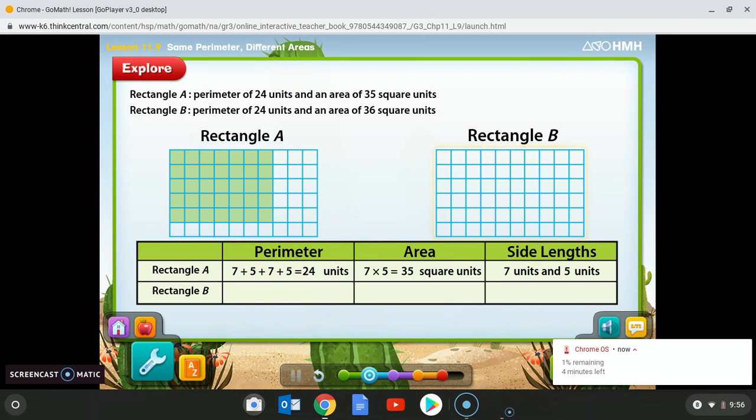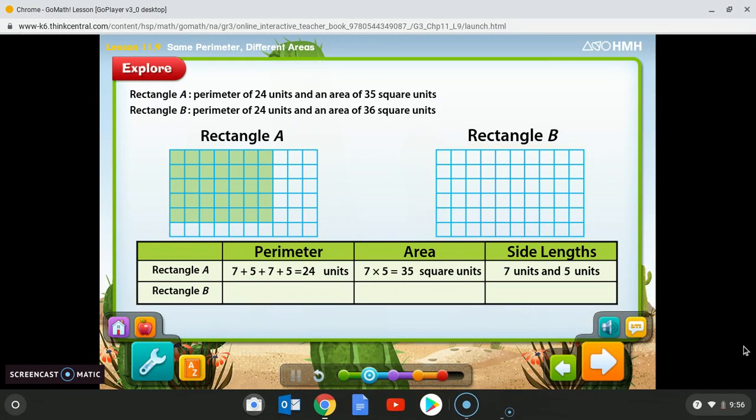Remember how Mrs. Swallia did multiplication to find that answer? So some ways I can make 36 are 9 and 4. So 9 and 4, when multiplied together, equals 36.